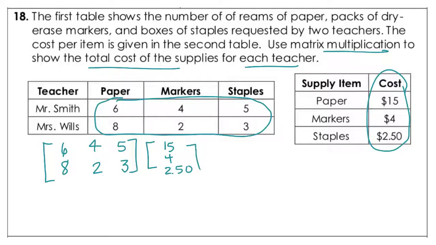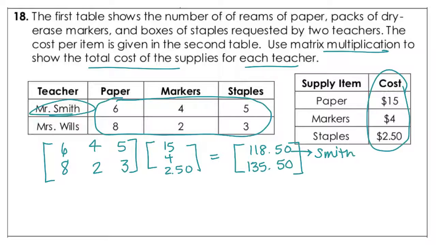And what we can do with this is multiply this through, and if we do, we should get a sum of $118.50, and then the next one, it should be $135.50. And so from that, we see that that top number was Mr. Smith, that's how much money he spent on supplies, and the bottom is Miss Wills, that's how much she spent on hers.